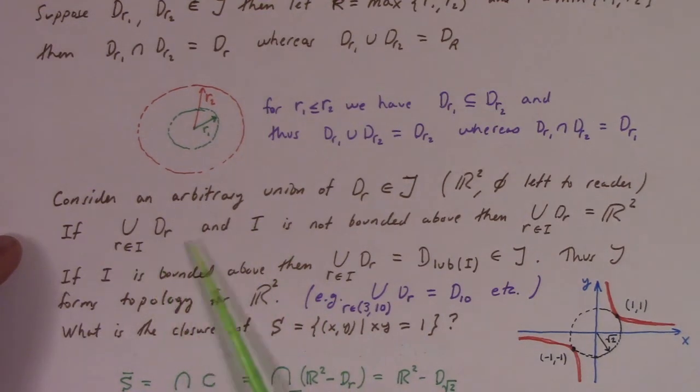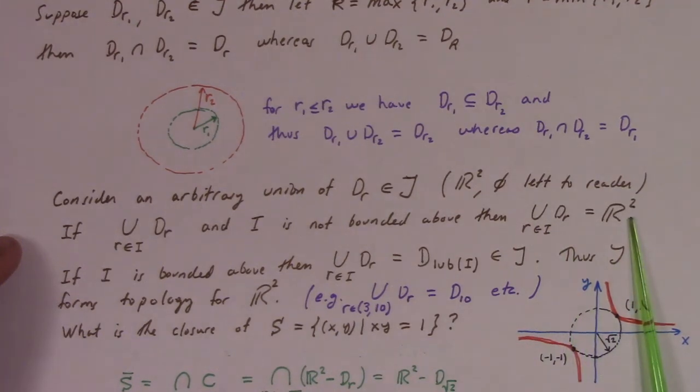If I is the set of all possible indices that we're looking at, then we're looking at a collection of subsets of the reals, and as such, it makes sense to talk about I being bounded above. If it's not bounded above, then the union over d sub r is just equal to R2.